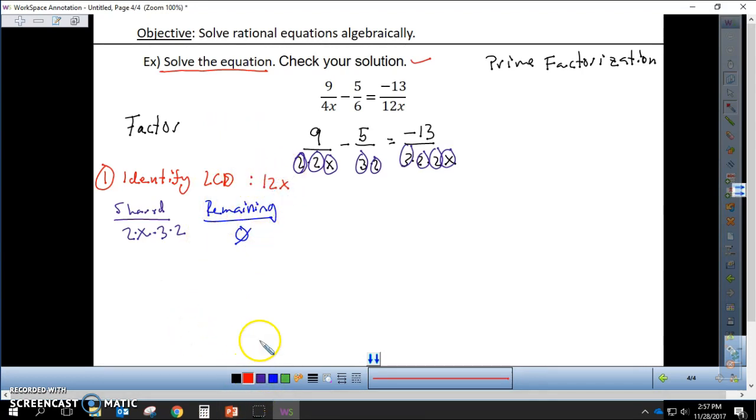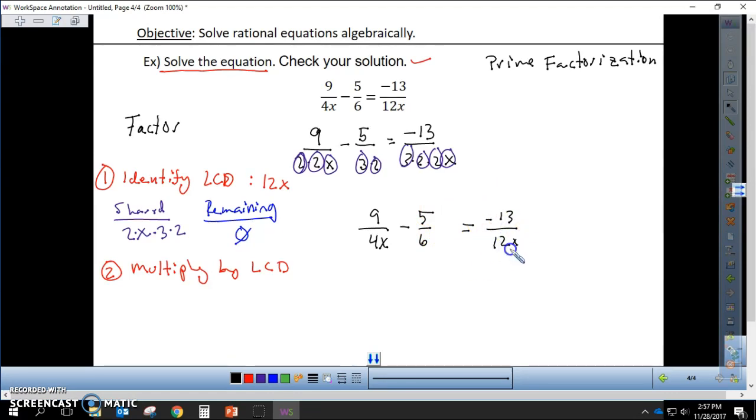Okay, step 2. We are going to multiply by the LCD. So I'm going to take 9 over 4x minus 5 over 6, and I'm going to leave a space here. You'll see why. Then negative 13 over 12x.